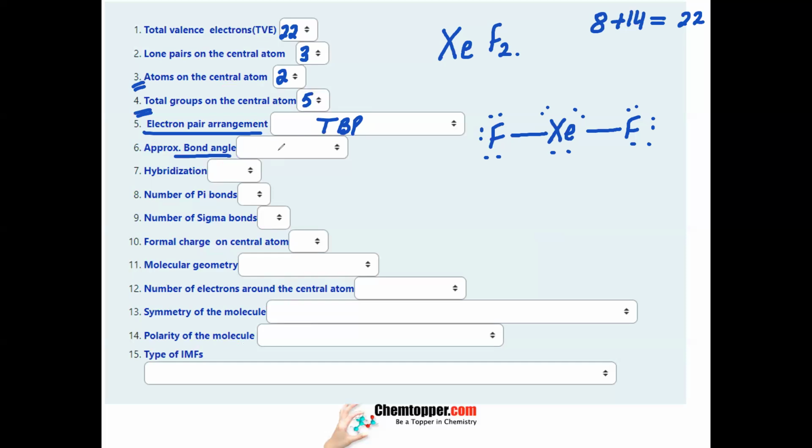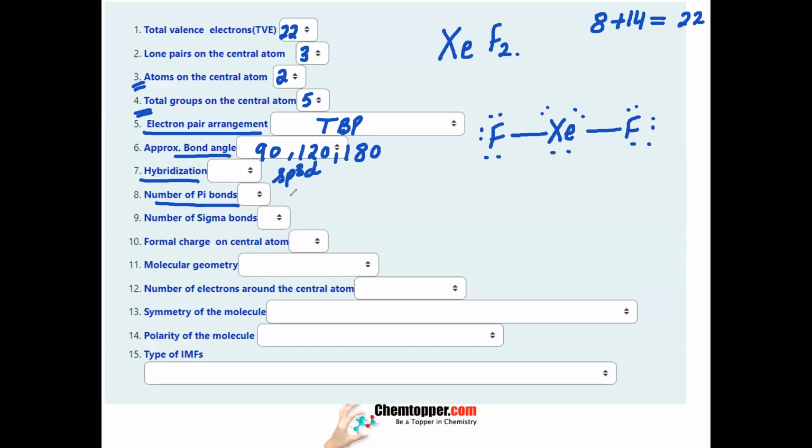Approximate bond angle is, your number of questions are missing from Veer. Hybridization is sp3d.